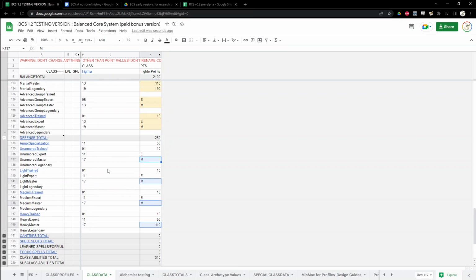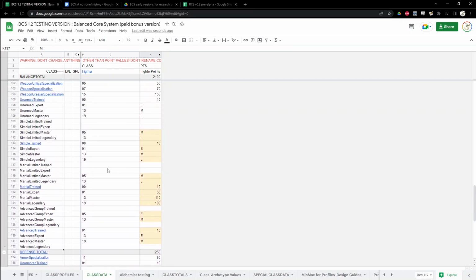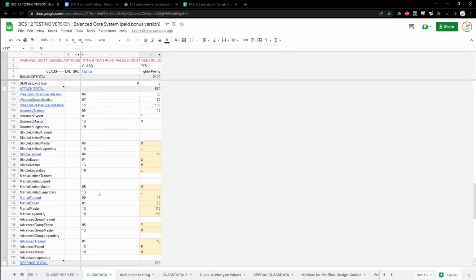I will stop here and just go back a little bit and look at attacks again. One thing to note that's a little convoluted for the fighter because of its fighter weapon mastery, but for other classes like say the wizard, doesn't get full simple weapon training. The wizard only gets crossbow and a couple of other simple weapons.